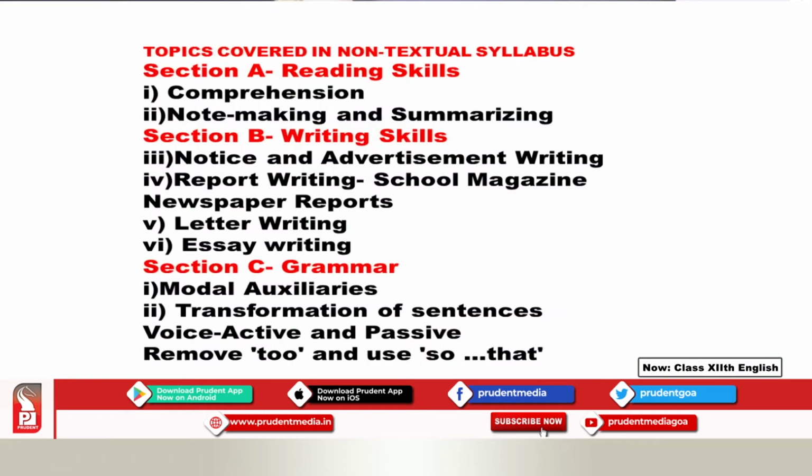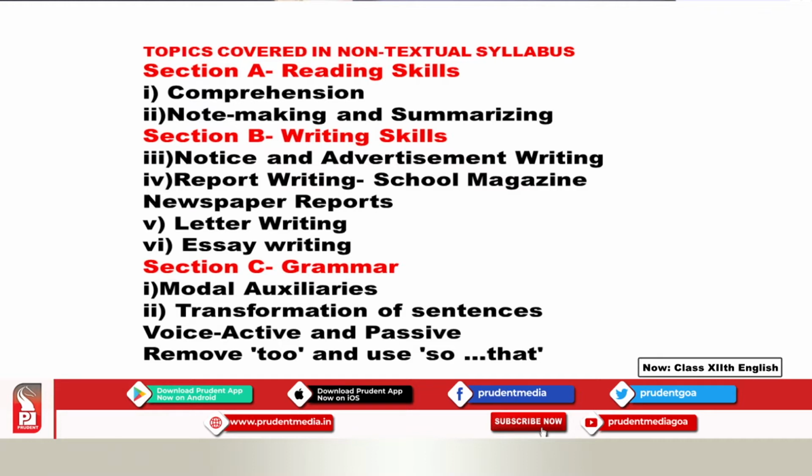The topics covered in the non-textual syllabus, beginning with section A, reading skills, comprehension, note making and summarizing. Then we come to section B, writing skills, notice and advertisement writing, report writing, which is school magazine and newspaper reports, letter writing and essay writing.